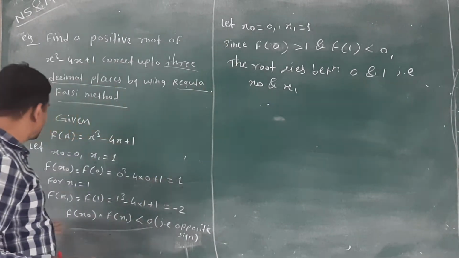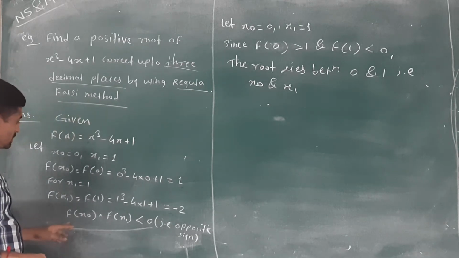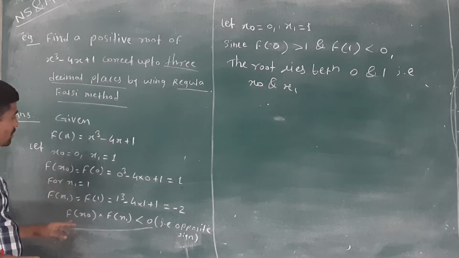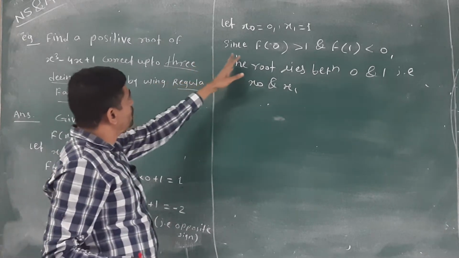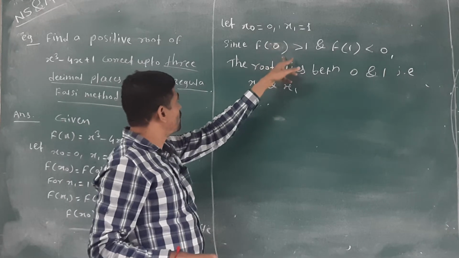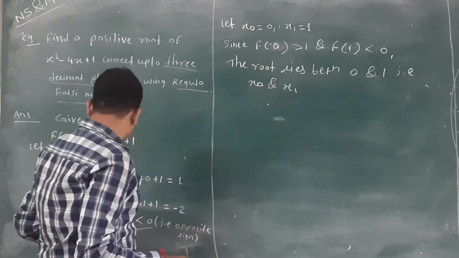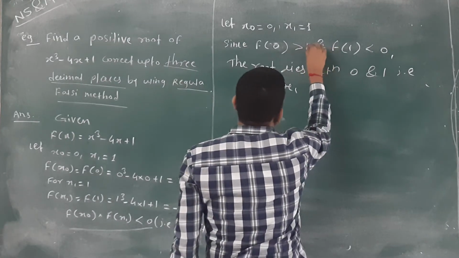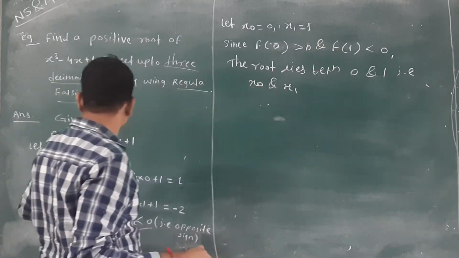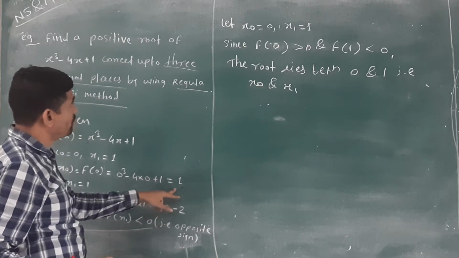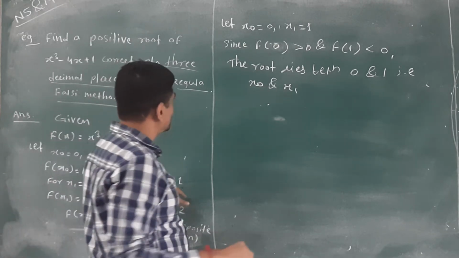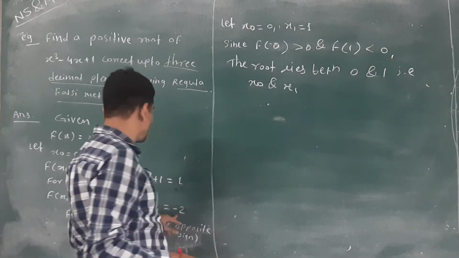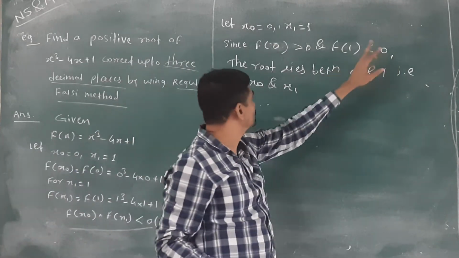Once you have found out whether the initial guesses are right or wrong, you have to check that f(0) is greater than 0 because of 1, and f(1) having the value minus 2 is less than 0.